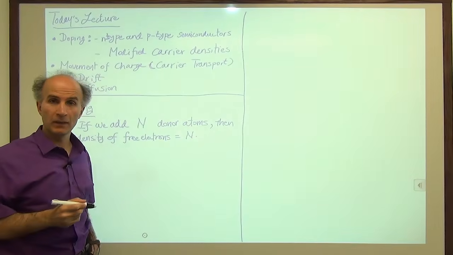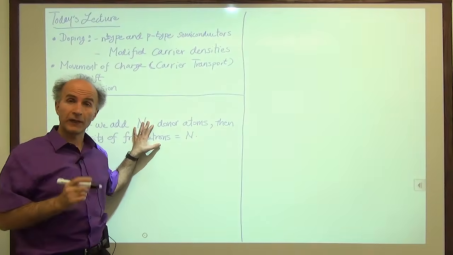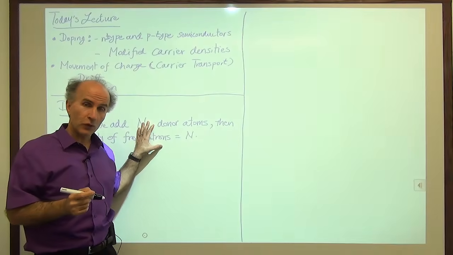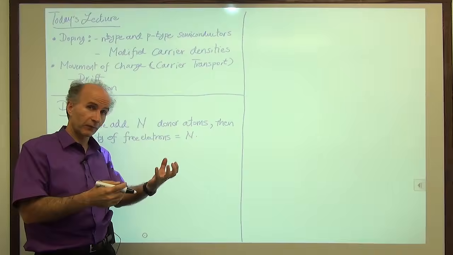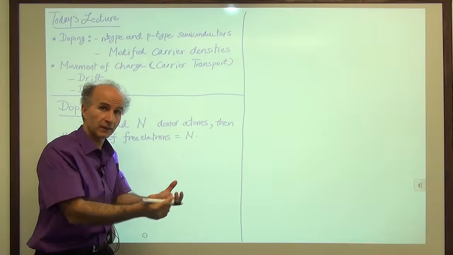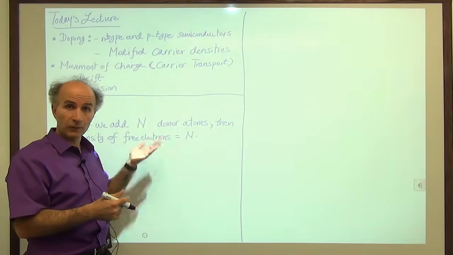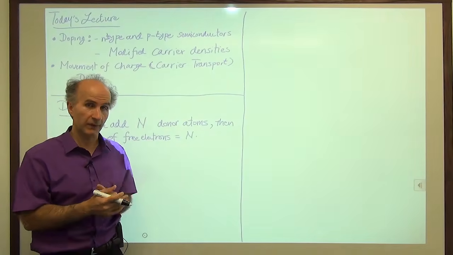Is that strange? It's a little strange because before doping, for the intrinsic, for the pure silicon, we already had free electrons. So shouldn't we add these two, Ni, the number of free electrons for the pure silicon, and then this many donor atoms, this many electrons for the addition, for what's contributed by, for example, phosphorus atoms?